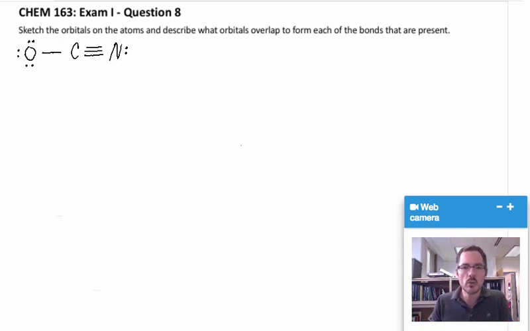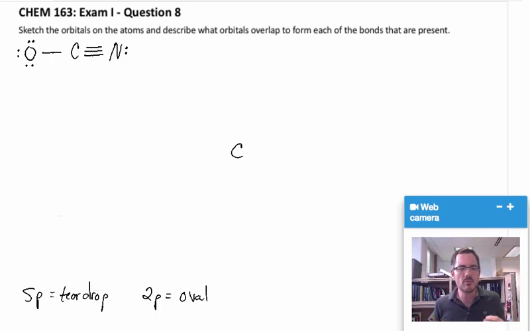I'm going to first start with carbon because it is the most central atom. The way that we want to try to denote the orbitals is that for an sp, you want to try to shoot for the best teardrop that you can make, while for a 2p orbital, you want to just go for just a long oval. They might seem like the same, but this is about practice.